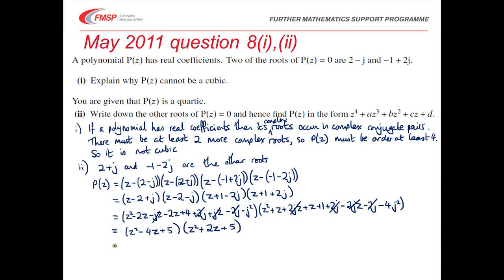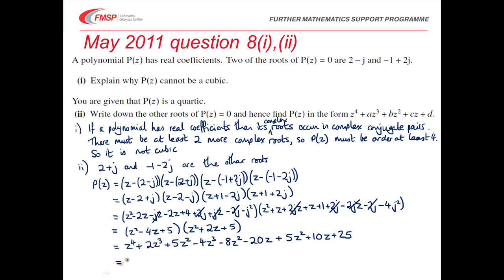Multiply those two together: z to the 4 plus 2z cubed plus 5z squared minus 4z cubed minus 8z squared minus 20z plus 5z squared plus 10z plus 25.